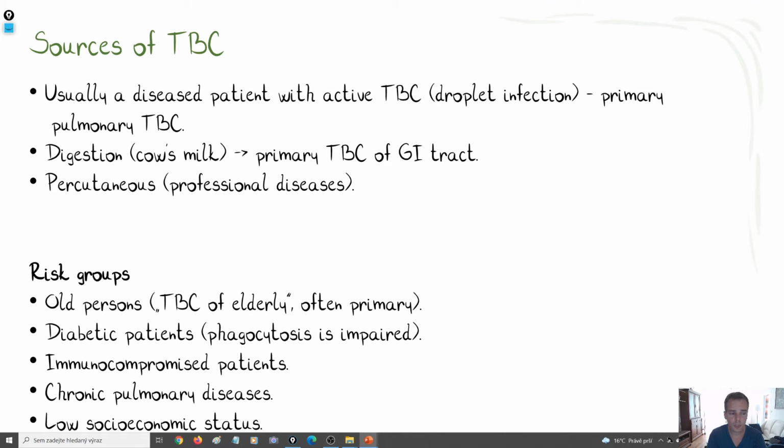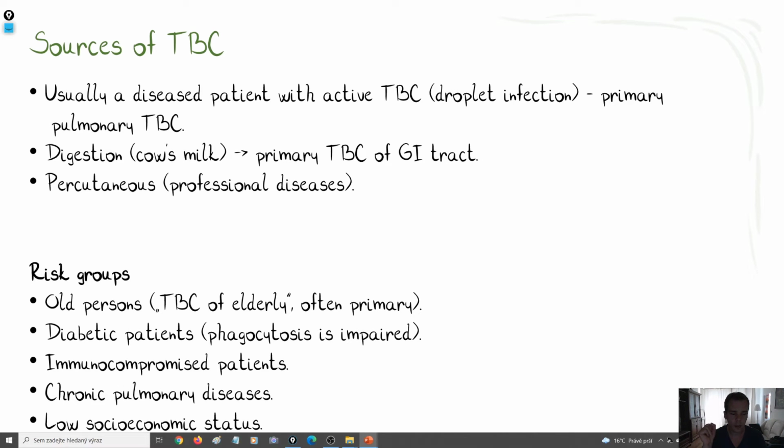The risk groups are usually basically all patients that are somehow compromised. Old patients. That's why we call it TBC of the elderly, because old patients that are polymorbid are a risk group for TBC, and it's often a primary disease, which is not so common, because in the next minutes I will tell you that primary TBC is usually a pediatric situation.